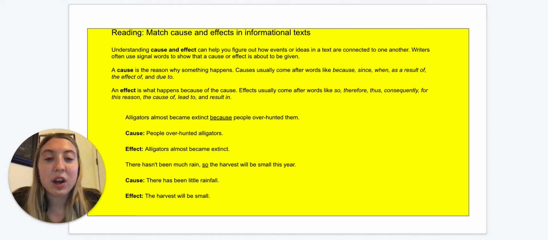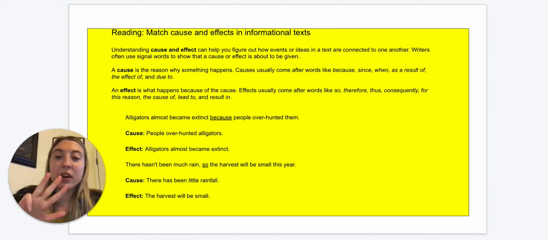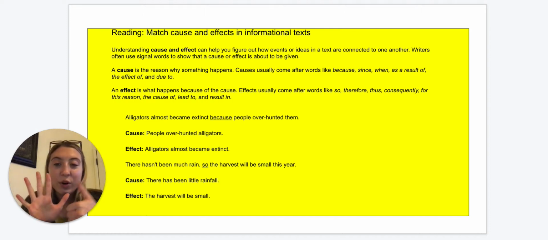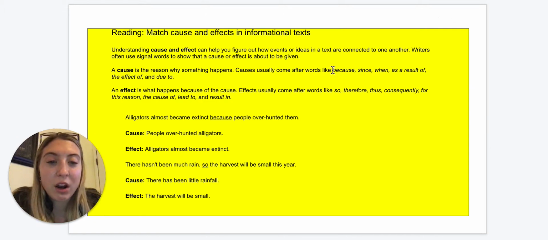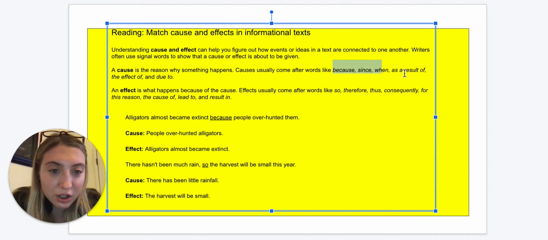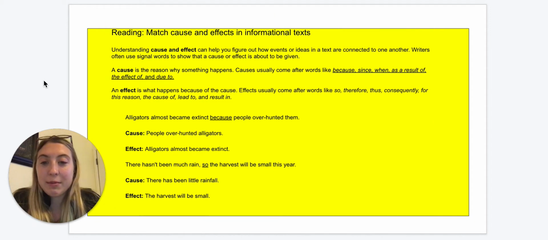Causes usually come after words like because, since, when, as a result of, the effect of, and due to. So there's six words right here that can help you understand when a cause is coming. So let's underline those.